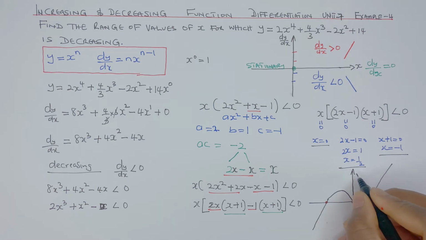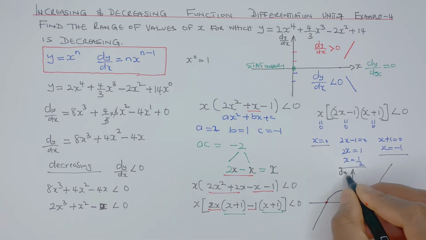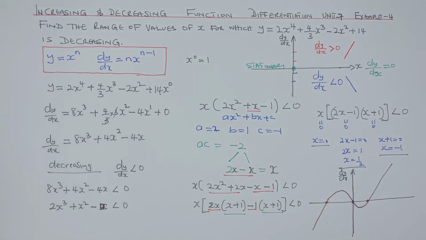Remember that the axes here are y and x. The positive part of this is along this side, that's positive, and that's positive. The negative part here is negative, and that's negative.